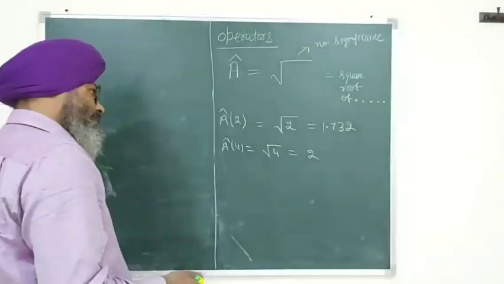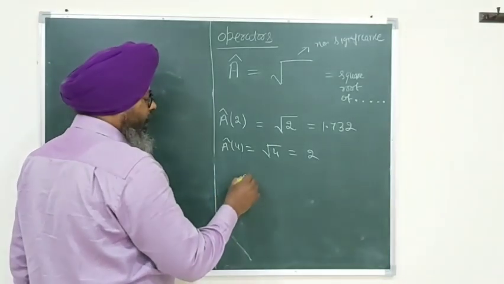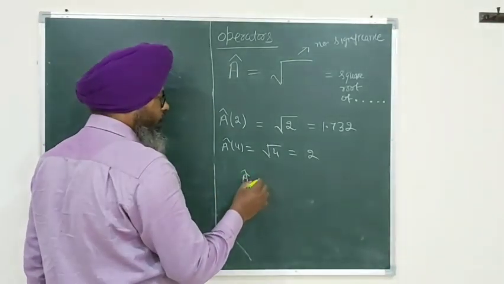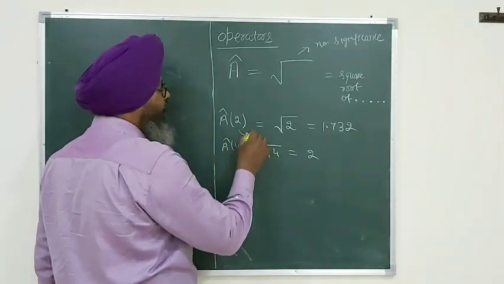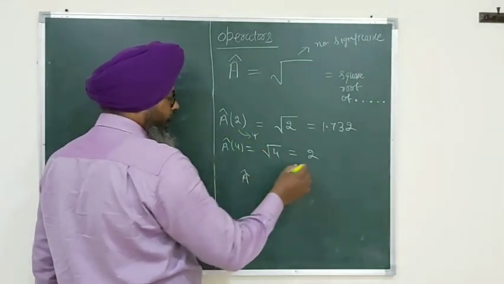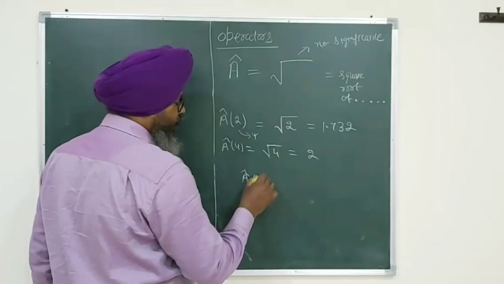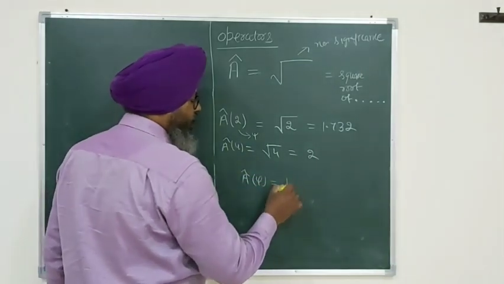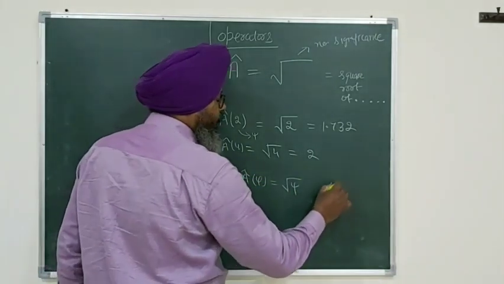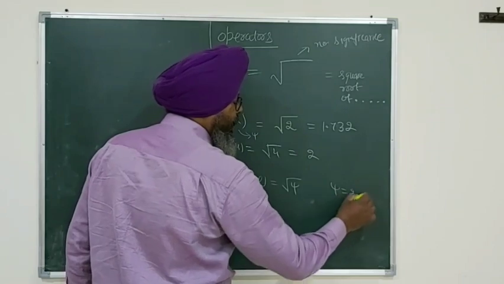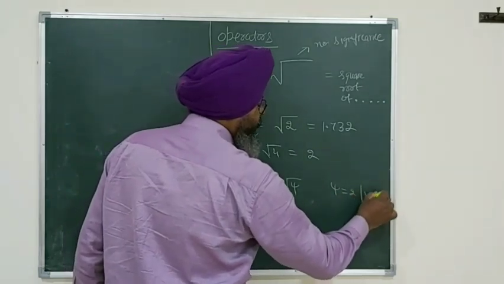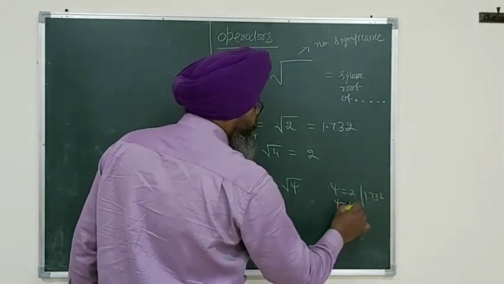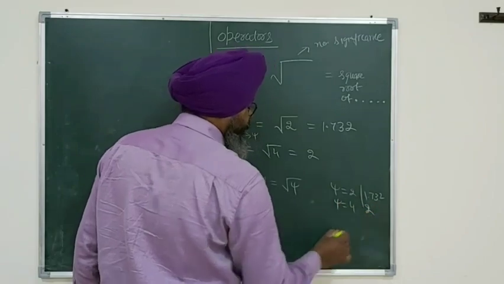Kindly remember that a cap here for me is a function. I can write it as a cap psi, which is equal to square root of psi. If I put psi equal to 2, the answer will be 1.732. If I put psi equal to 4, the answer will be 2.